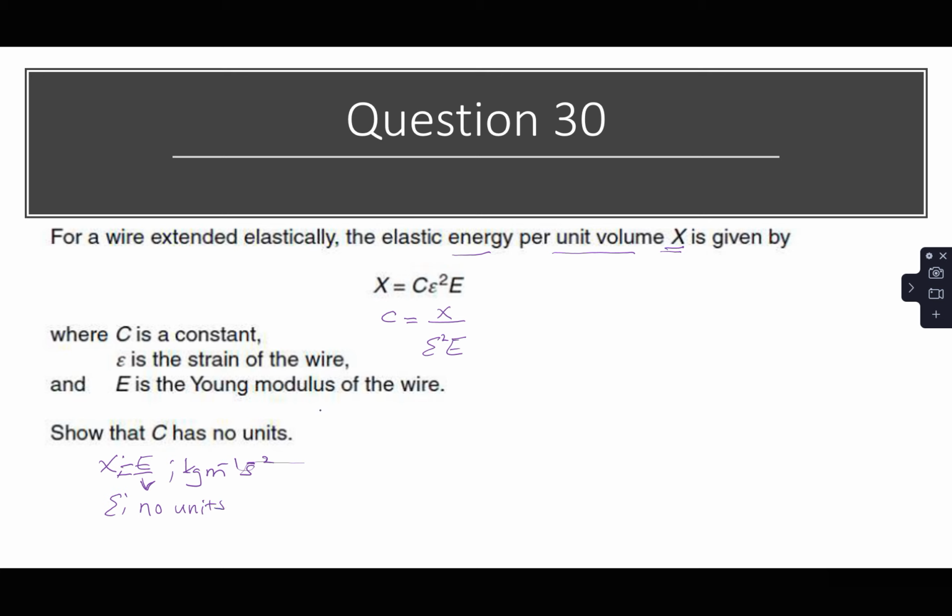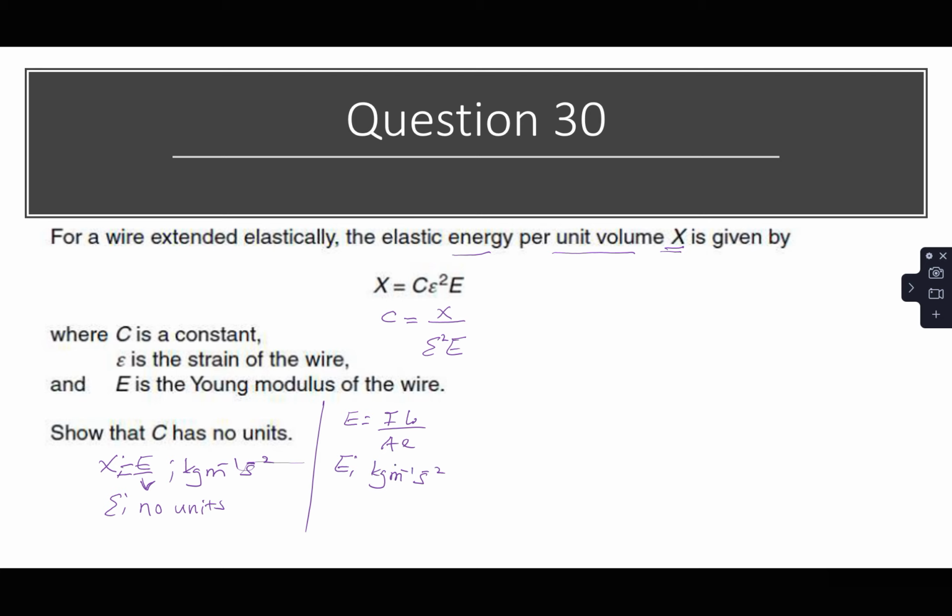Then E is Young modulus. Young modulus is stress over strain, which is force times original length over cross-sectional area times extension. Area is meters squared, force is kilogram meter per second squared, which makes the base units of Young modulus kilogram per meter per second squared.